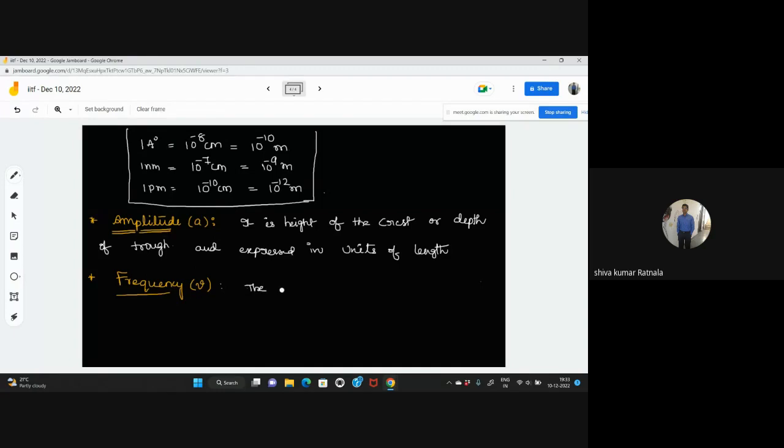Simply, the number of waves passing through a point per second is called frequency.